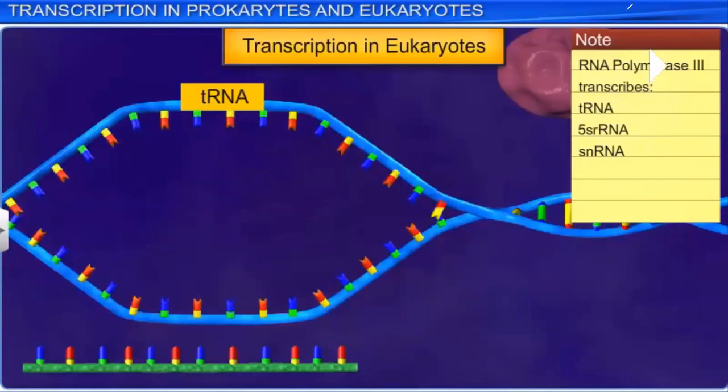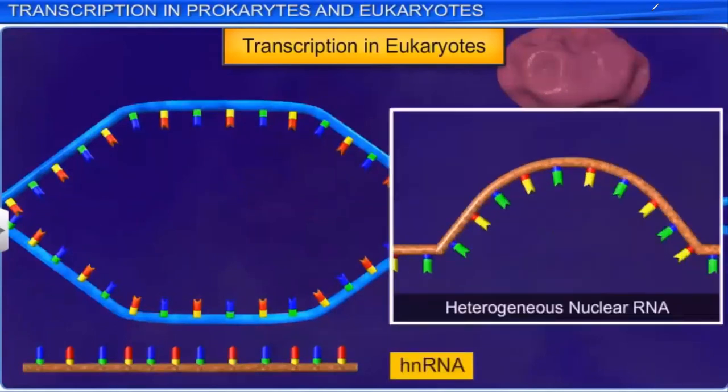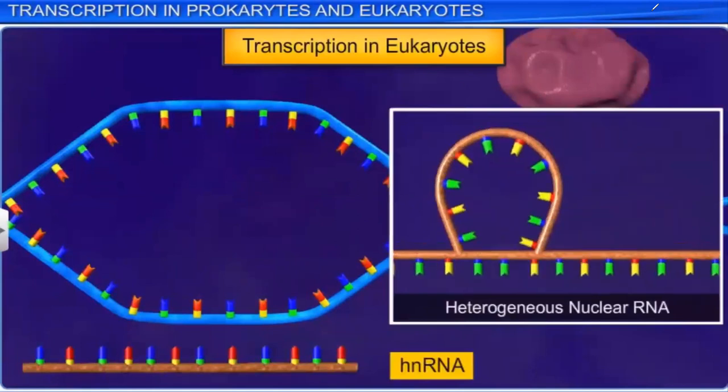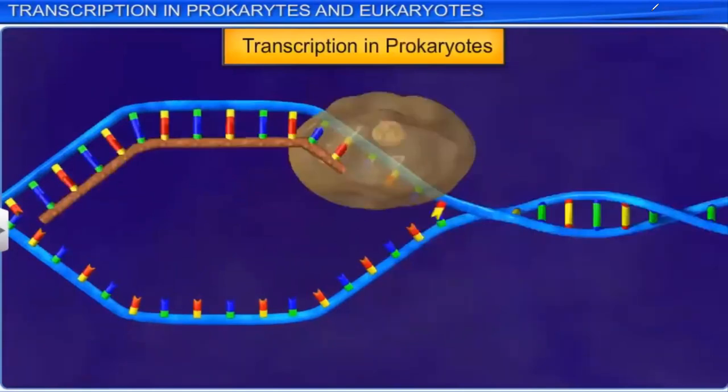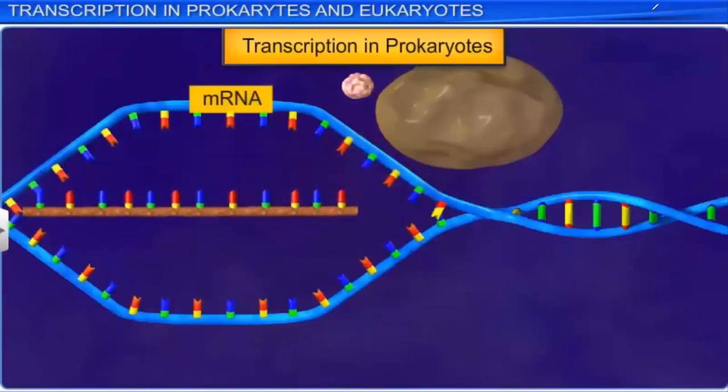The processing of hnRNA marks another major difference between prokaryotic and eukaryotic transcription. The mRNA in prokaryotes does not require any processing.